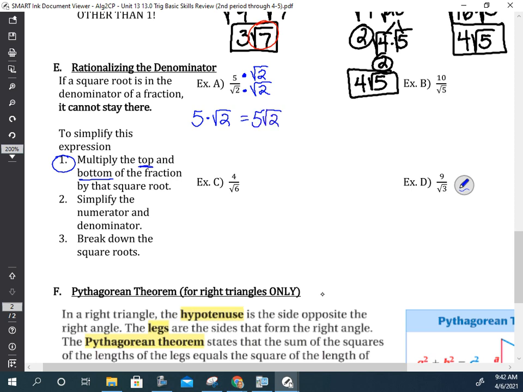You can't do anything with that. Square root of 2 times the square root of 2 is the square root of 4. Square root of 4 is 2. So we simplify the top and the bottom.